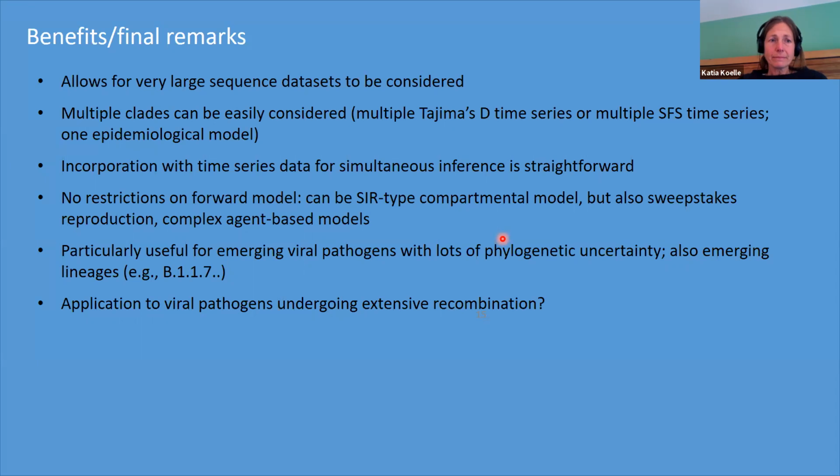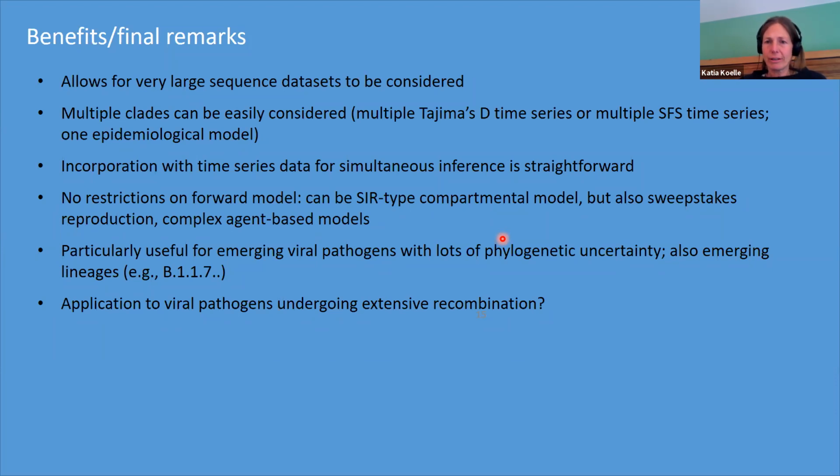And in some initial work we've done, multiple clades can be easily considered because you then have multiple Tajima's D time series or multiple SFS time series in one epidemiological model. You're estimating the same set of parameters, one epidemiological model, but with multiple time series to interface with. Incorporation of time series data on cases, for example, would be straightforward.